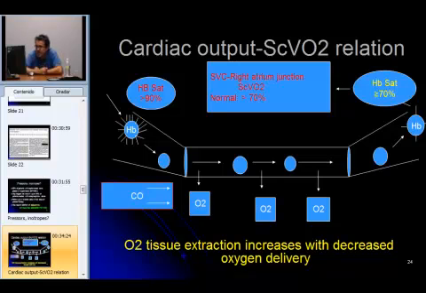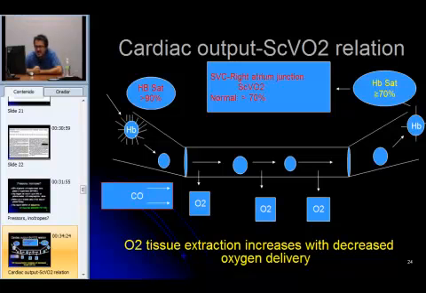You get a blood sample from the vein, and the ScvO2, which is nothing but the saturation of hemoglobin in the central circulation, on that line that is at the tip of the superior vena cava with the right atrium. You get that sample, and let's say it is 50% saturated.